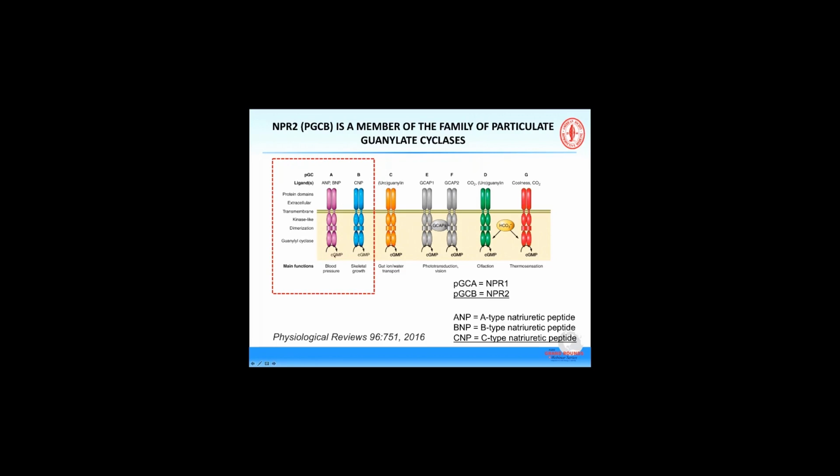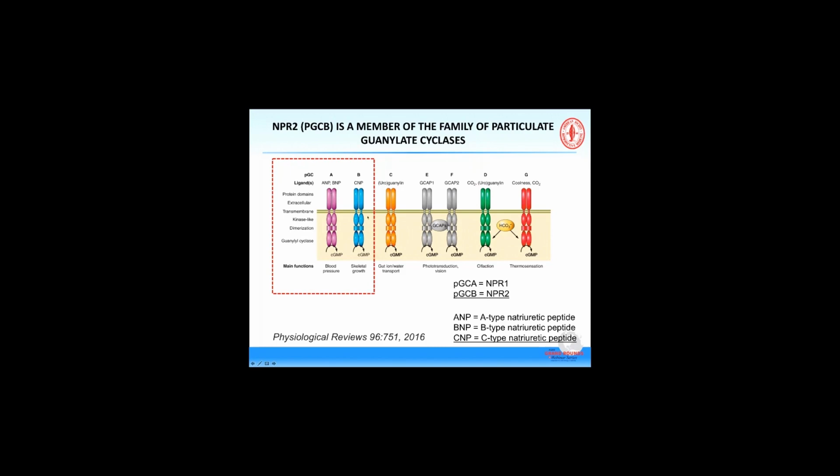As a consequence of the activation of these receptors, they convert GTP to cyclic GMP. So like cyclic AMP, which many of you know about, cyclic GMP is also a second messenger that can activate many pathways that I will describe in a few minutes.